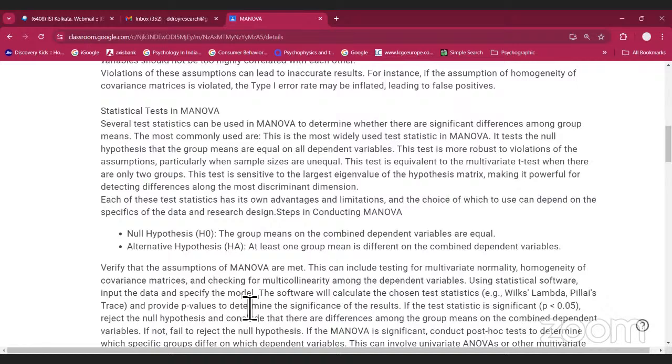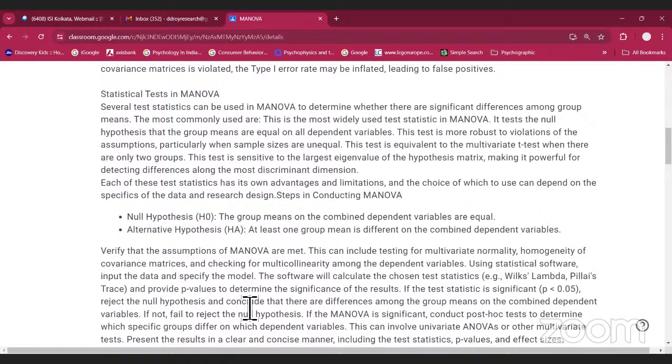This can include testing for multivariate normality, homogeneity of covariance matrices, and checking for multicollinearity among the dependent variables.